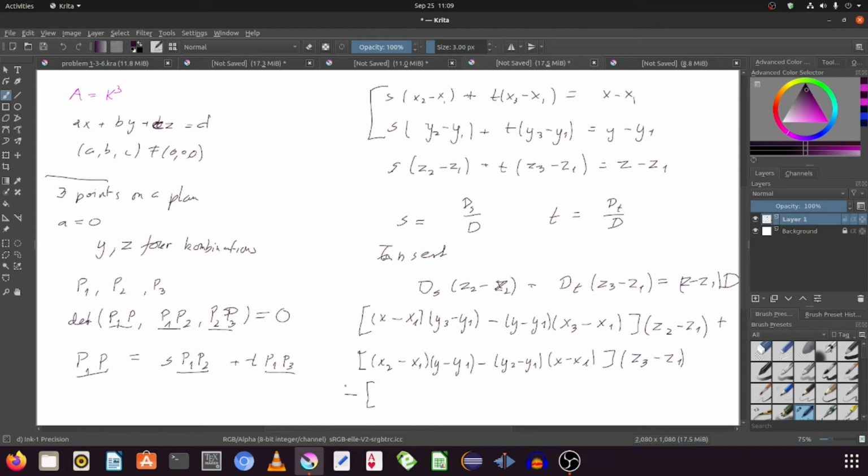Let's put it equal to. And then the discriminant, that's easy. That's the easy one. Determinant.